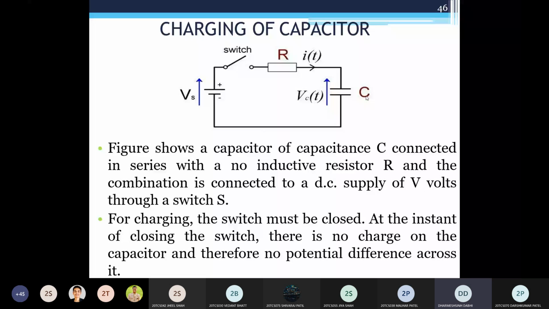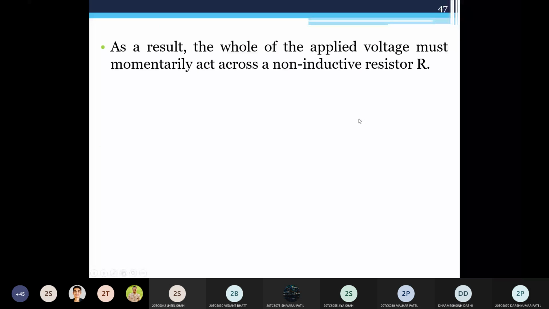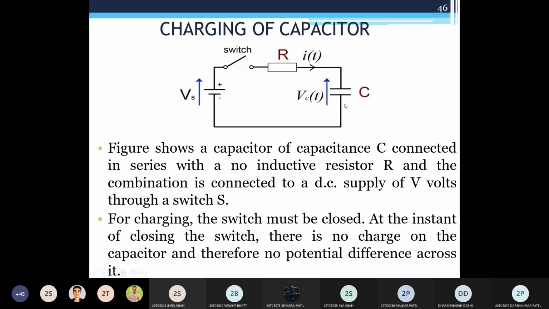Once the switch is closed, the capacitor will start charging. As a result, when you apply the voltage and the switch is closed, the whole supply voltage momentarily comes across the resistor. Why across the resistor? Because you can see in this figure, initially the voltage across the capacitor is 0. Voltage across the capacitor being 0 means it acts as a closed path, or a short circuit. Clear?